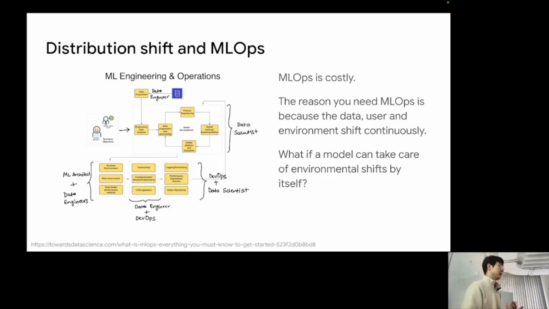So that means you need some machine learning operations. So what is MLOps? MLOps is a system that supports continuous deployment and continuous development of your machine learning model. Because there's a continuous influx of data, you somehow have to adapt your model to this continuous influx over time. It's not done automatically, right?